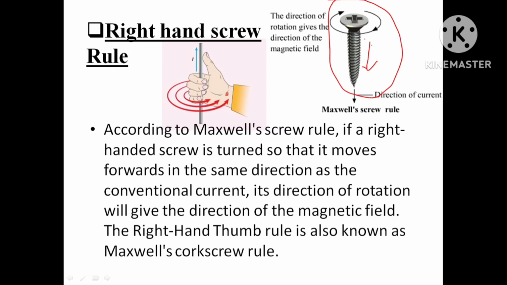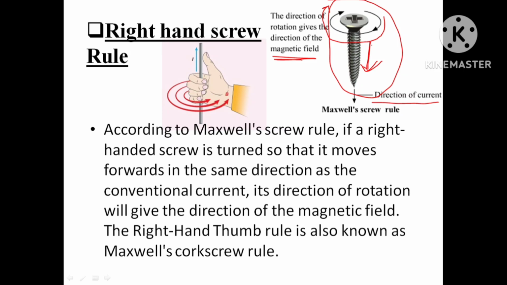So your thumb will indicate the direction of current, and your grip will indicate the direction of rotation, which gives the direction of the magnetic field. Got it? When you are holding a screw in your right hand and tightening it, you are making the screw move forward.